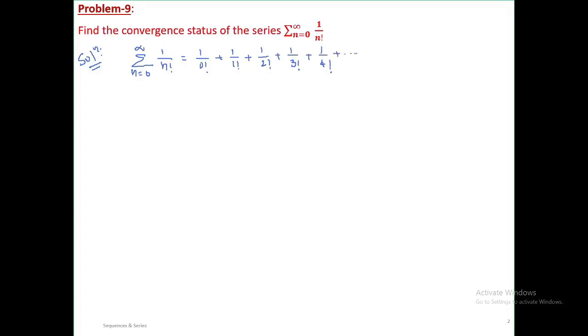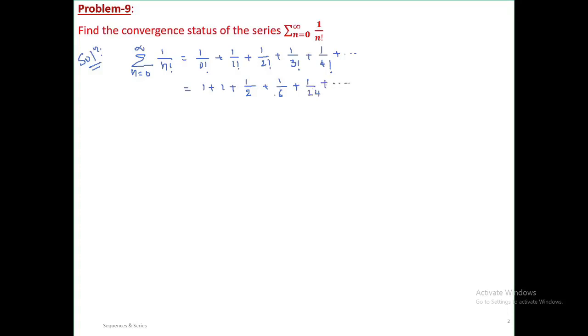So now this is 1 plus 1 plus 1 upon 2 factorial, that means 1 upon 2 only, plus 1 upon 3 factorial, which is 6. So let me write those things. This will be 1 upon 6. Next, plus 1 upon 24, 4 factorial means 24, plus and so on.